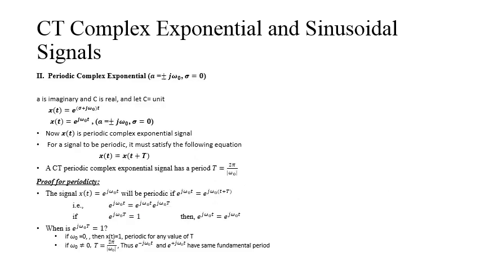Okay, so the second part, in which we say when the real part of A is 0 and its imaginary part is j omega naught, and again we say that C is real, right?